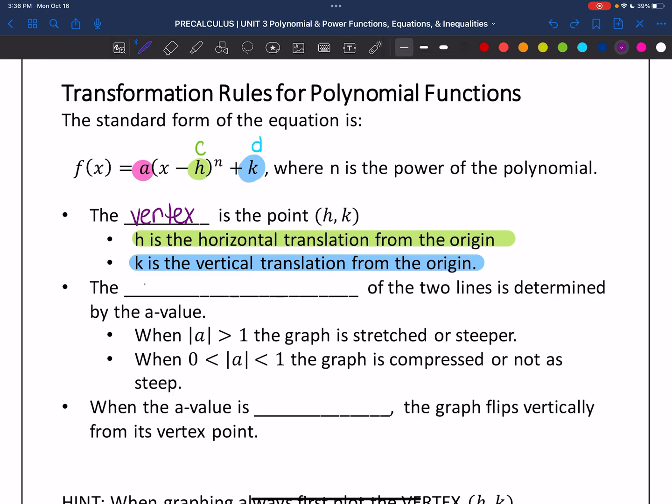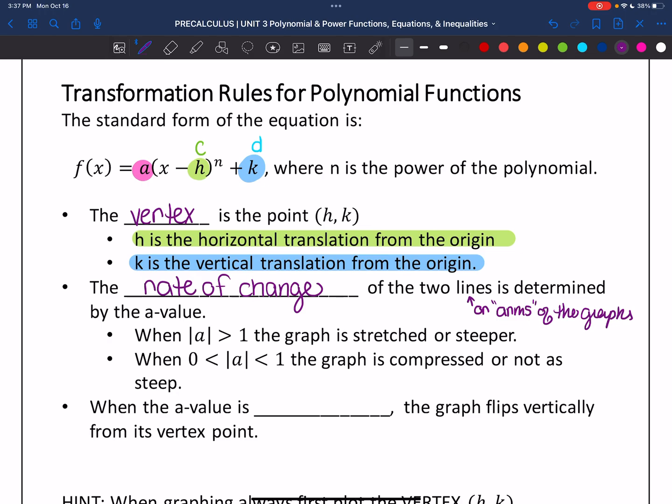The rate of change of the two lines, or we could say if they're not straight lines, like for an absolute value graph, we could call them the arms of our graph. That's maybe a better way of thinking about that. The arms of our graph are going to be determined by our a value.